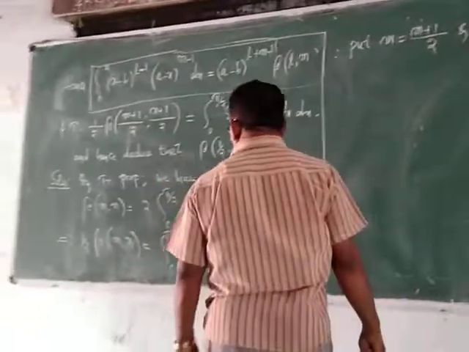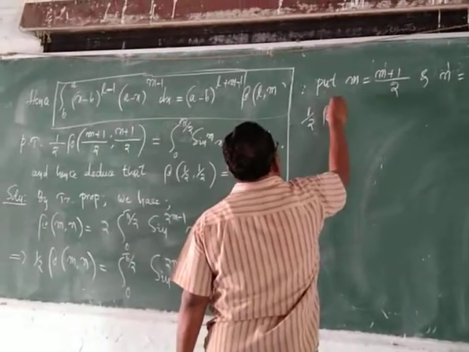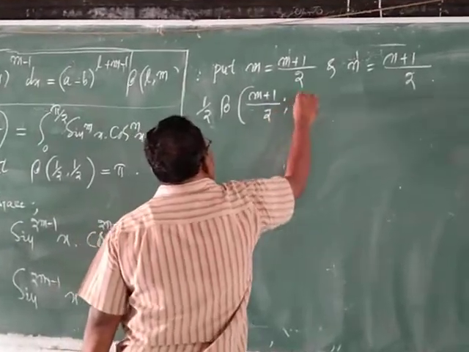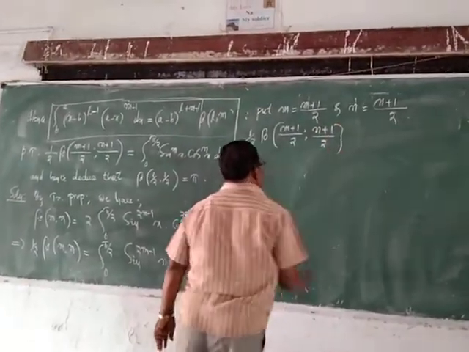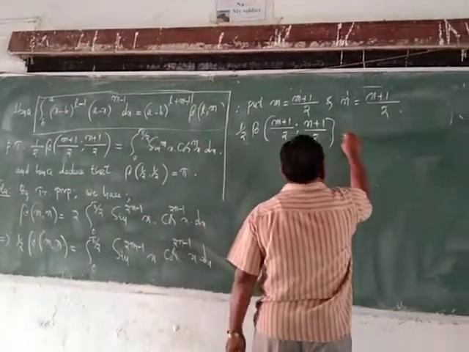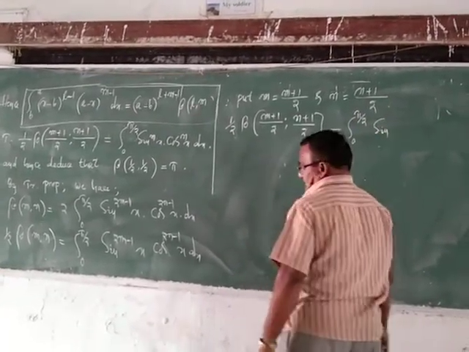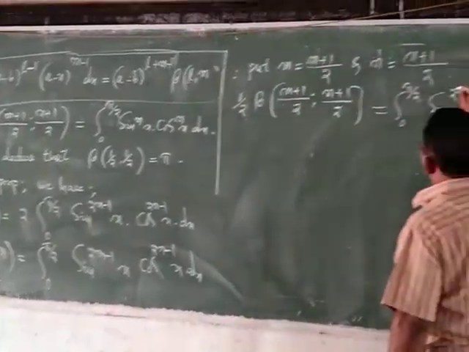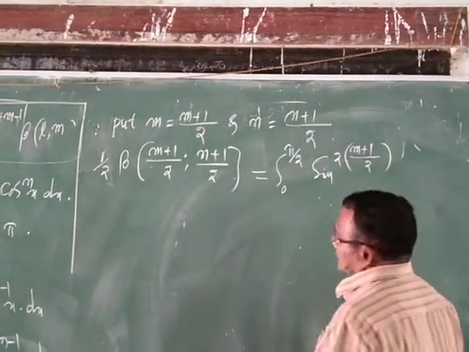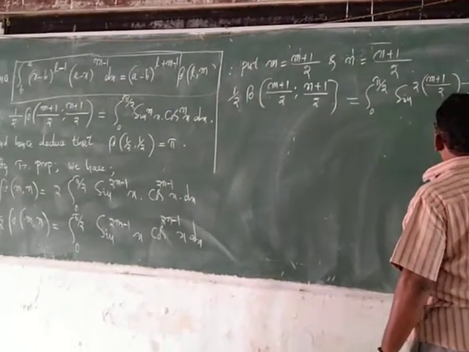Then the above result becomes half into beta of m plus 1 divided by 2 comma n plus 1 divided by 2 is equal to integral from 0 to pi by 2 sin to the power 2 times m plus 1 divided by 2 minus 1, x.